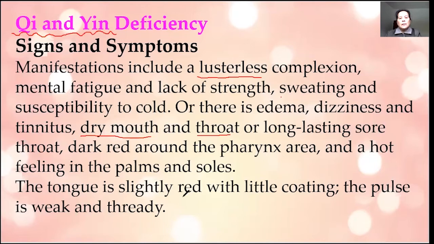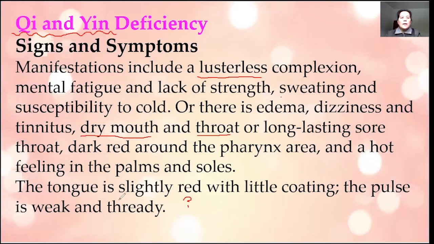The tongue is pretty different. So we know qi deficiency tongue will be pale. Yin deficiency tongue will be red. So it depends on whether it's more severe qi deficiency or more severe yin deficiency. With severe qi deficiency, the tongue may go to the pale side. With severe yin deficiency, the tongue may go more to the red side.